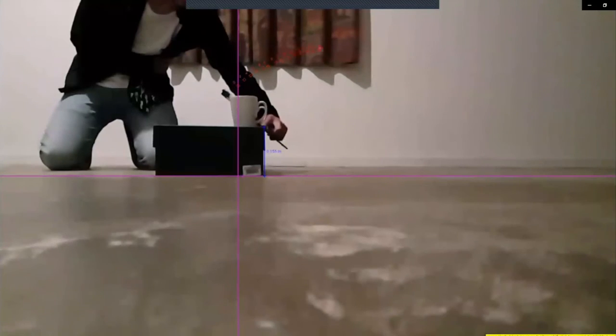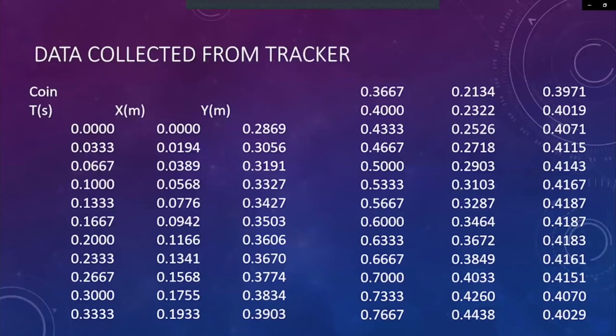We then use the tracker to track the motion of the coin as it flies through the sky. This is the X and Y displacement data we recorded against time.